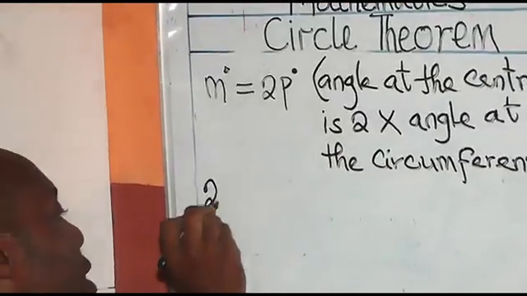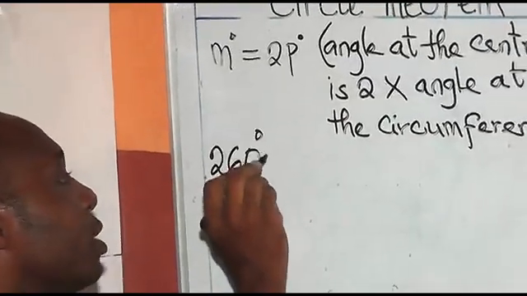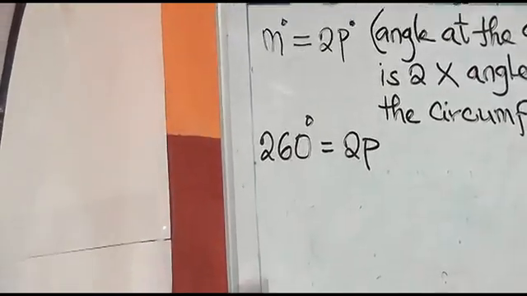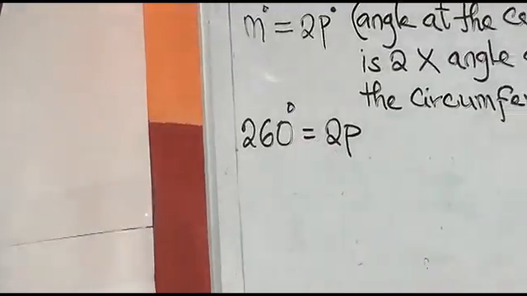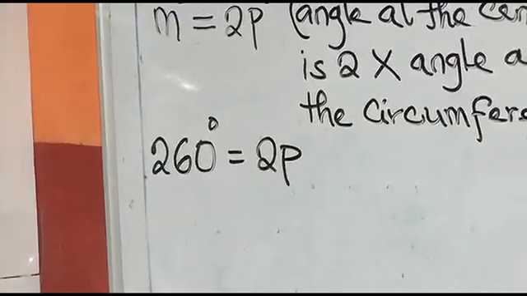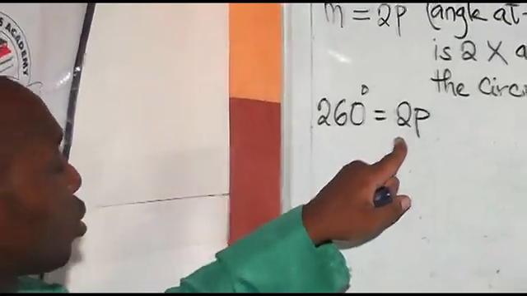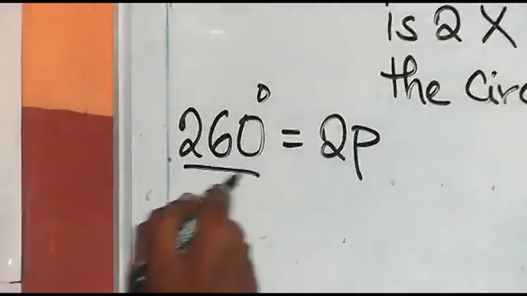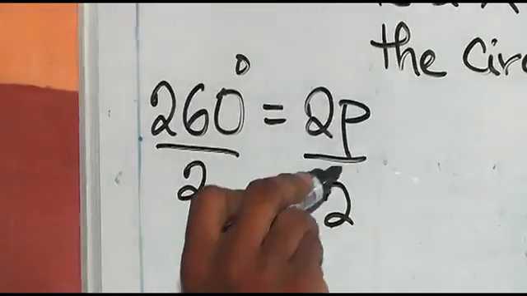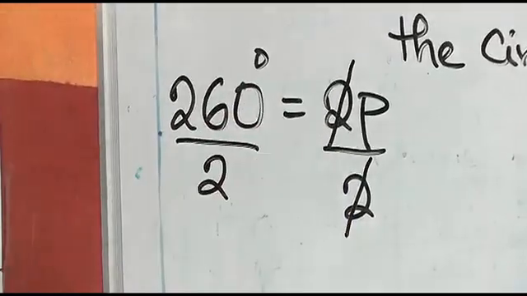So we have 260 degrees is equals to 2p. Now dividing both sides by 2, we have 2 here, we'll cancel this 2.